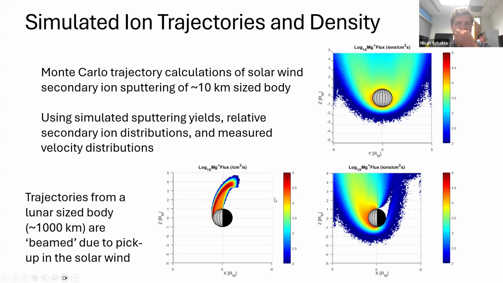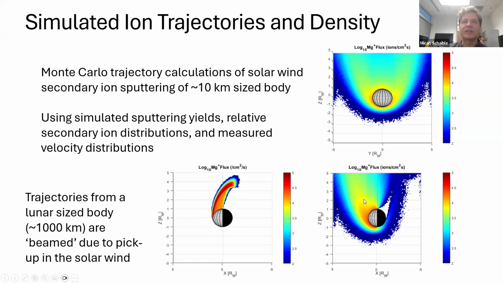And so all this is saying is that for orbital measurements, it's unlikely that you would be able to make SIMS measurements in orbit around the moon because of this beaming effect. Whereas if you were close to a small body, you could basically fly through a cloud of these secondary ions for the vast majority of your orbit.